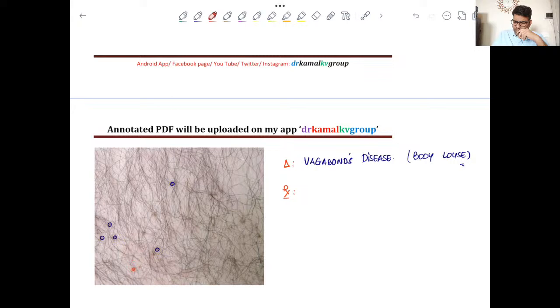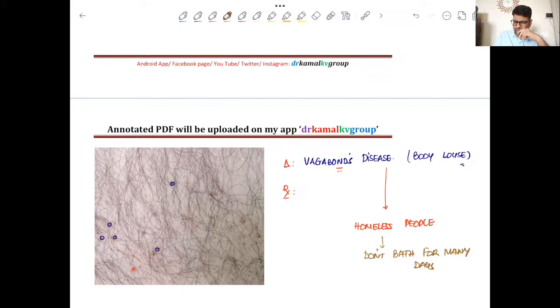Now what happens? It is seen in patients who are, now what does the word vagabond mean? Any idea? Vagabond means a person who is homeless or shelterless, right? So these homeless people don't bathe for many days. Clear?